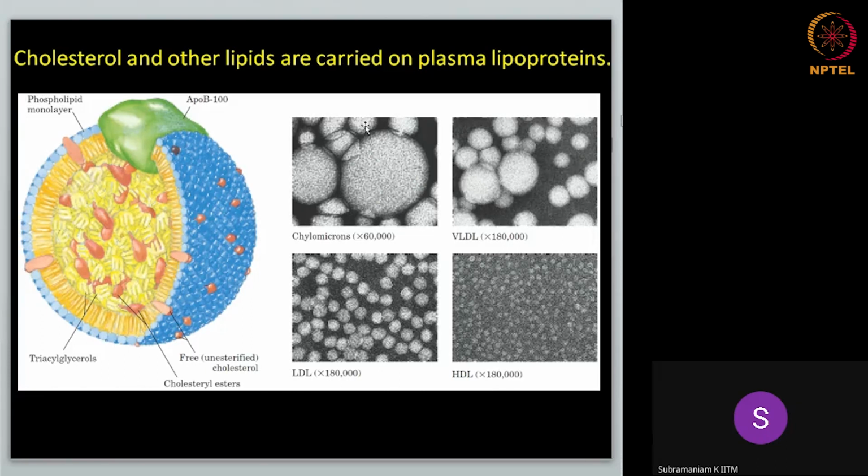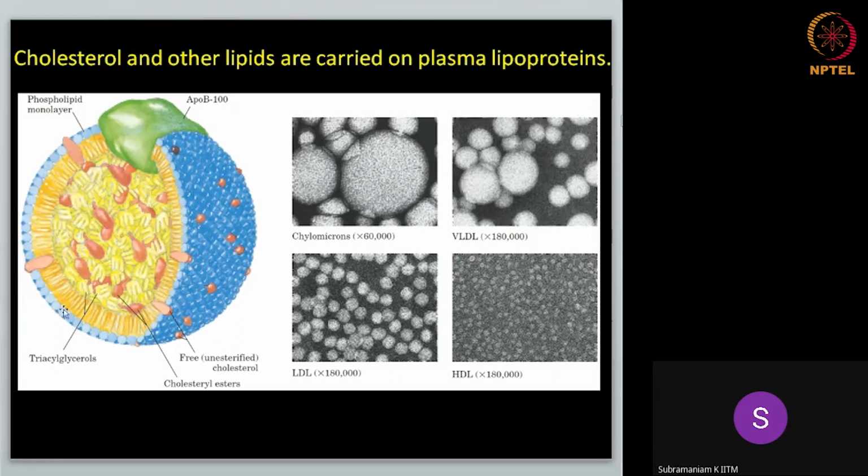The reason for the lipoproteins' existence is that the bulk of our body fluids and blood are aqueous, while the lipids are hydrophobic, but they need to be transported in this aqueous solvent, and that is why you need these lipoproteins.